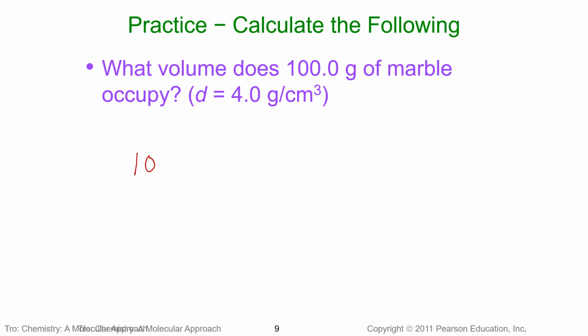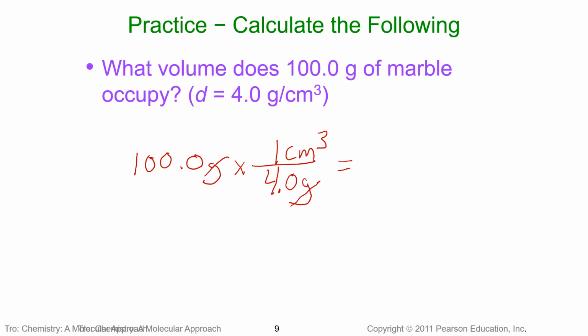Well, we have 100 grams of marble. We want the grams to cancel, so we're going to put the number that is associated with the grams on the bottom, 1 cubic centimeter on top. The grams cancel.